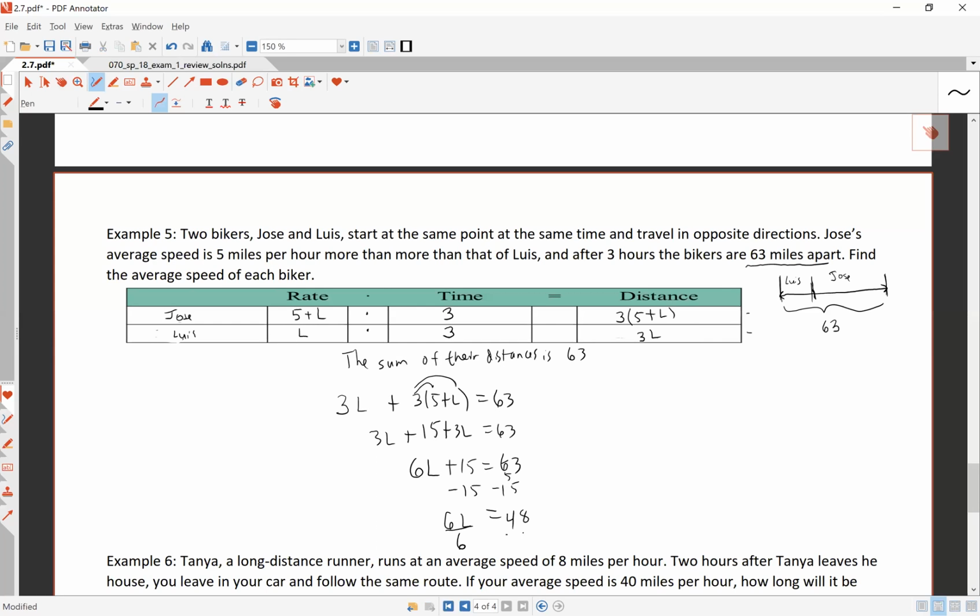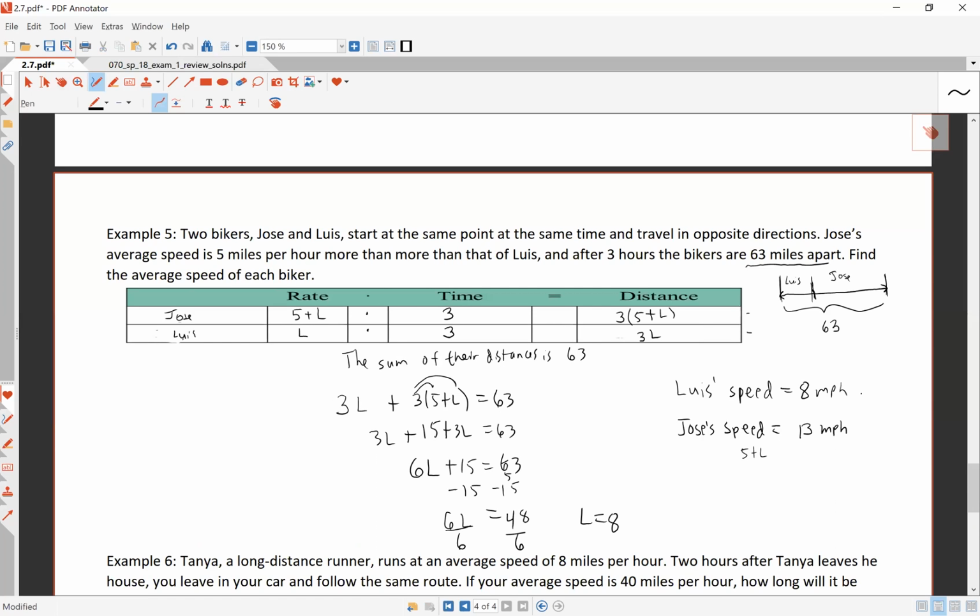And dividing by 6 gives us L equals 8. Luis's speed is 8 miles an hour, and Jose, well, his speed then is going to be 5 plus L, or 13 miles an hour. 8 miles an hour and 13 miles an hour.